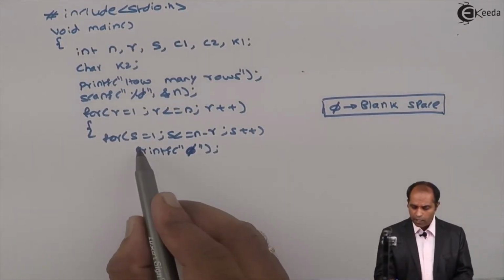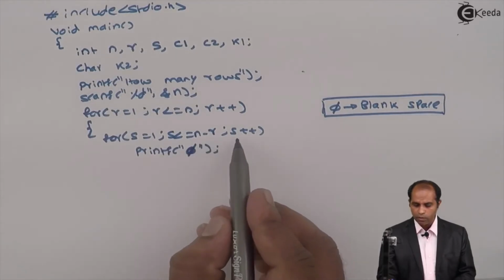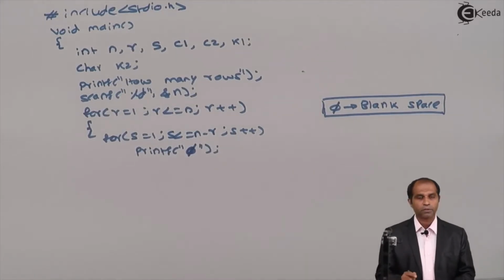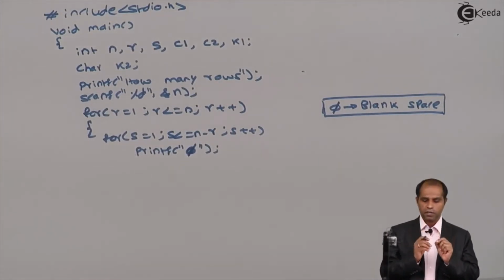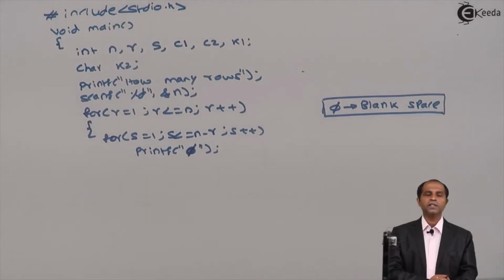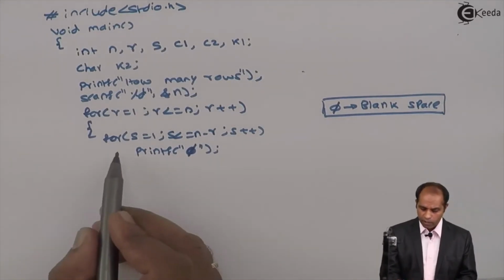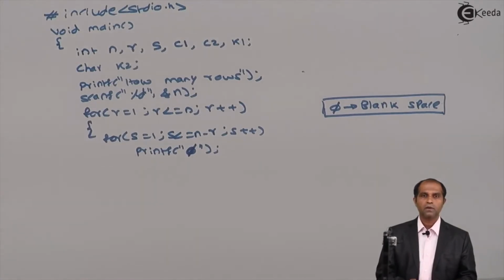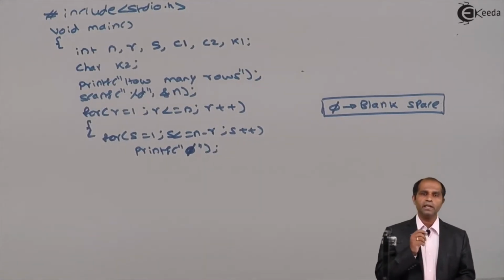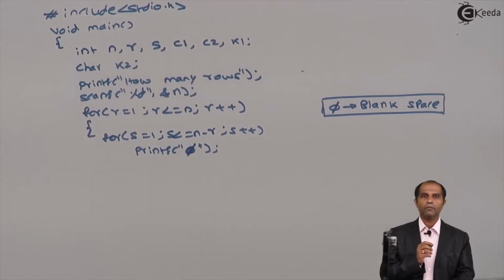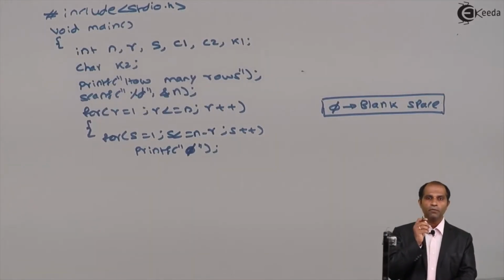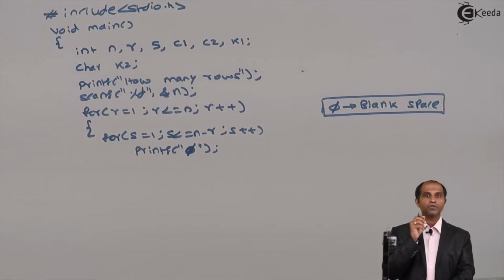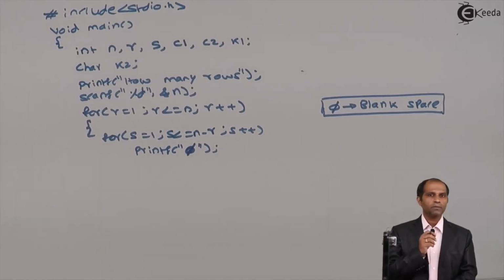Now, I have said for s equals to 1, s less than equal to n minus r, s plus plus, printf a blank space. I have a single instruction, hence it is not necessary to use curly brackets. I'll not put any curly bracket around this. Once spaces are generated, the next loop which is going to be in action is the C1 loop. But we said that before C1 starts, I'm supposed to set a value.